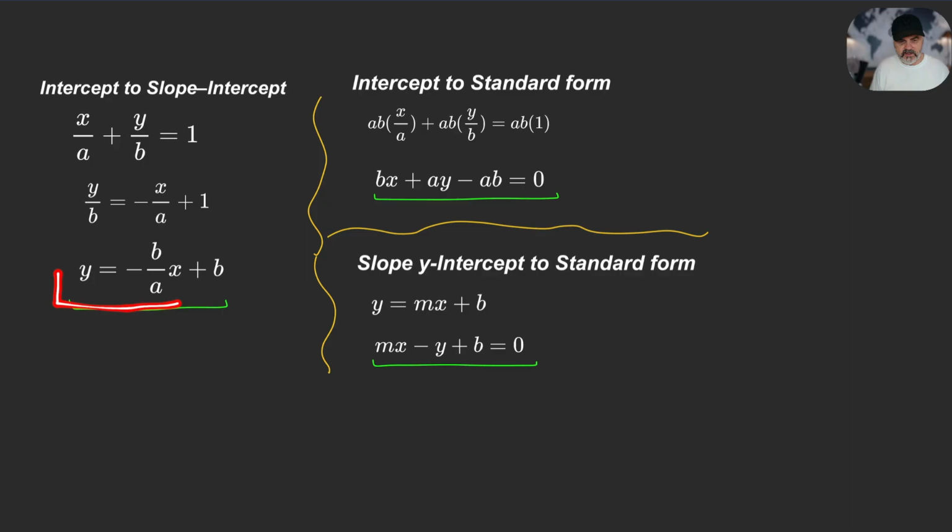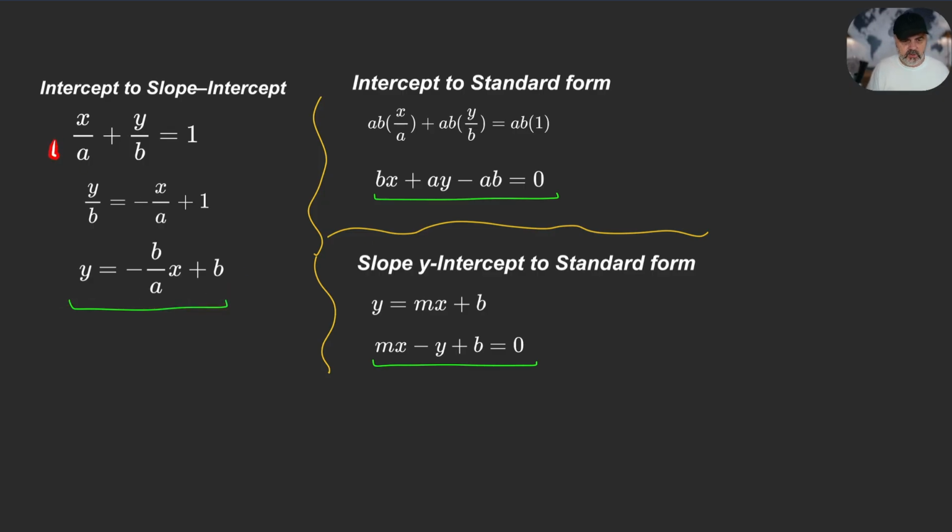Then you get this form, which has the slope negative b over a. That's a rise over run, which is very nicely connected. So this is the conversion from x and y-intercept form into slope y-intercept form.